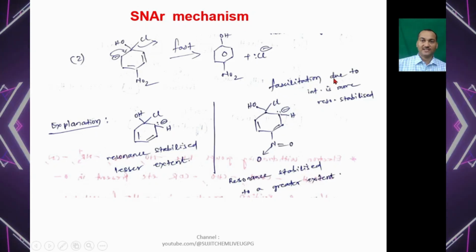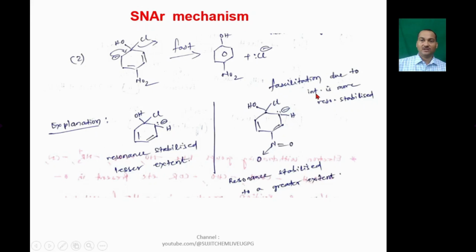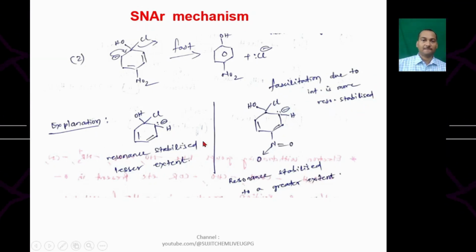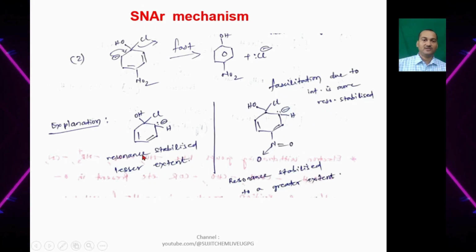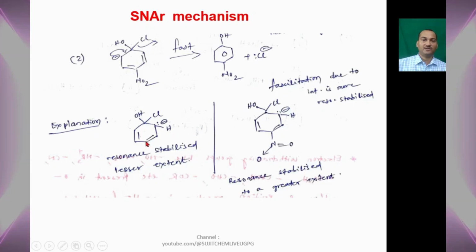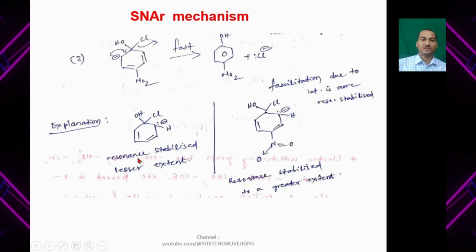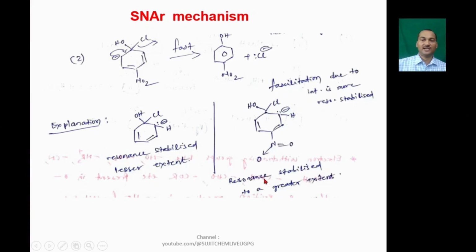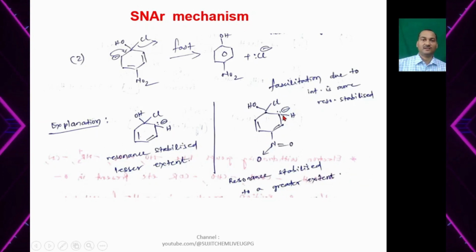So this facilitation is due to the intermediate that is more resonance stabilized. If we don't have the electron withdrawing group, the resonance stabilization is to a lesser extent, and here the resonance stabilization is to a greater extent.